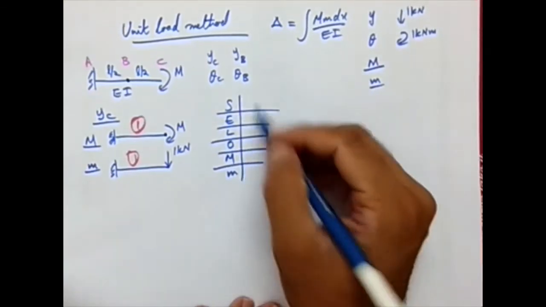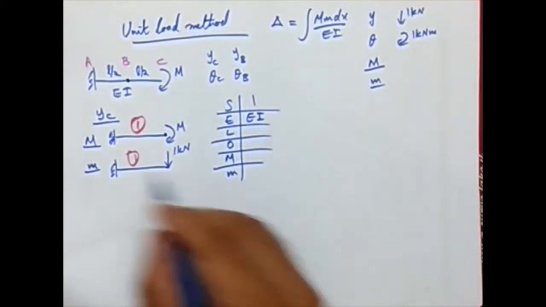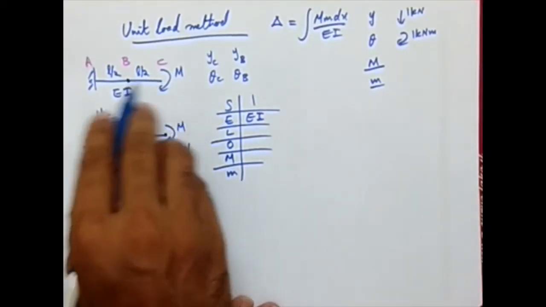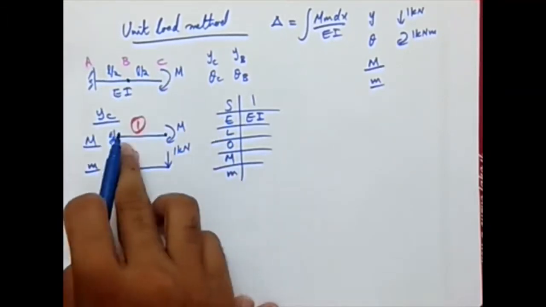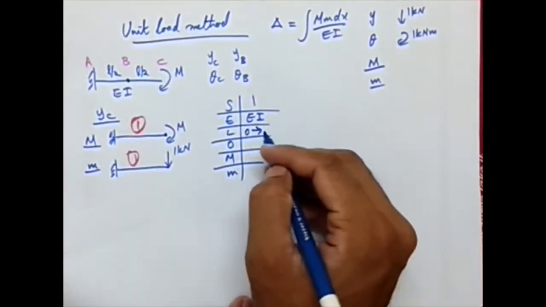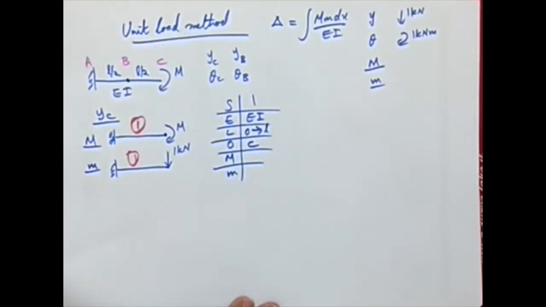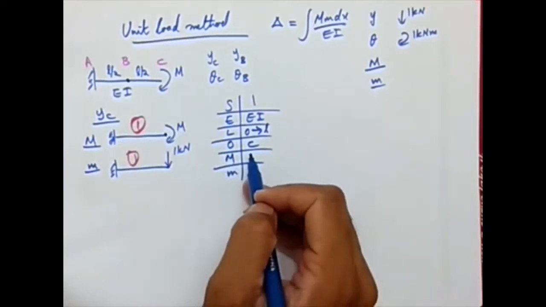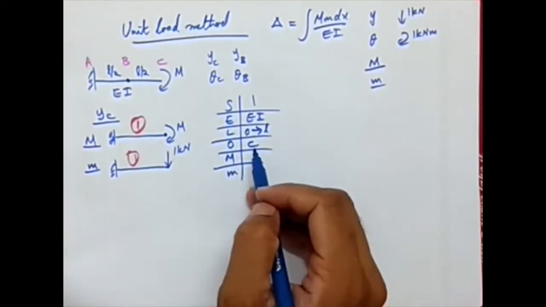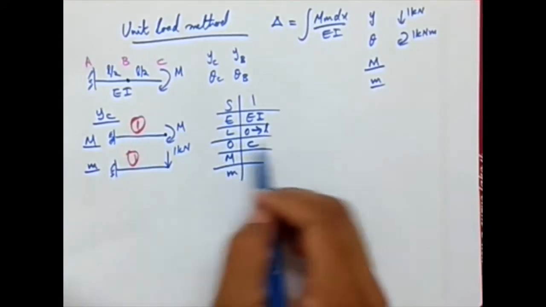For segment 1, EI is constant, and the limit is 0 to L, since the total length of the beam is L. I'm considering C as the origin, because as I discussed in a previous lecture, if we have a cantilever, the best origin to take is the free end. So C is the origin, with limits 0 to L.